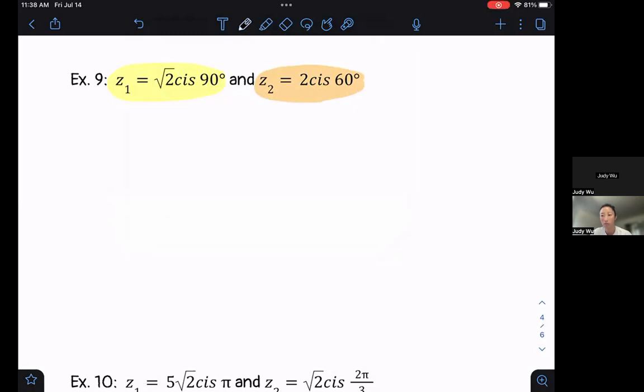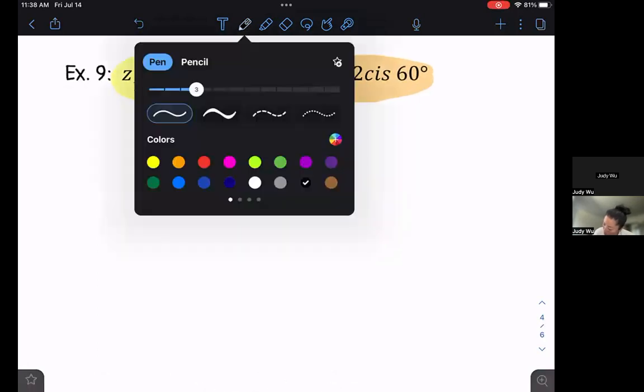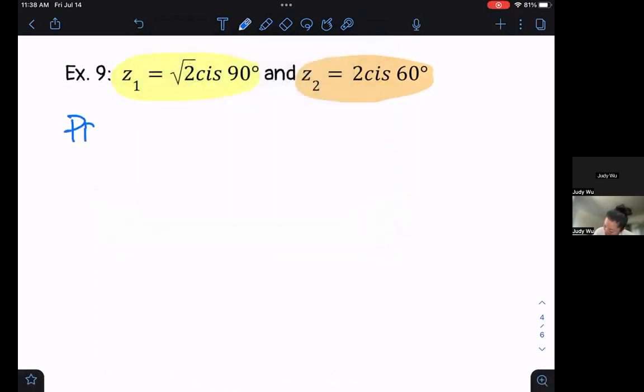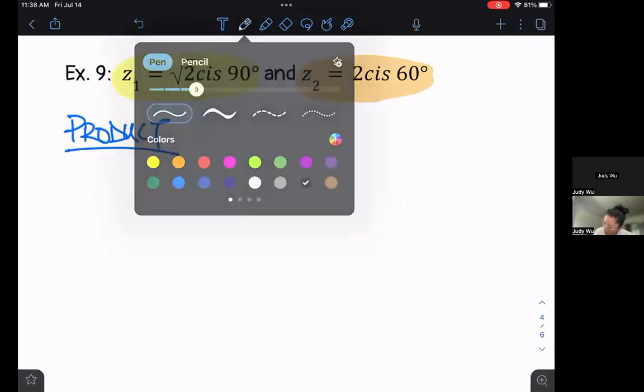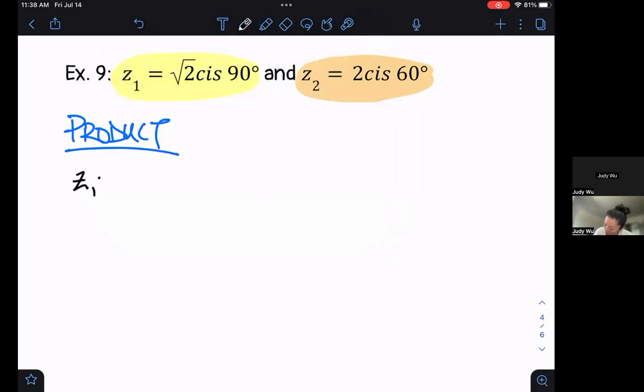We call it Z1, Z2, all the way up until Z however many we have, okay? But if we wanted to find the product of Z1 and Z2, what that means is we're taking Z1 times Z2, okay?